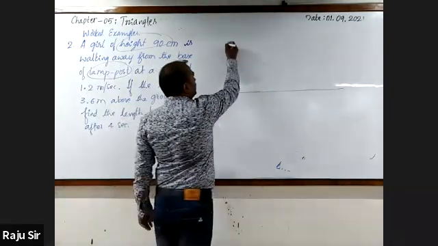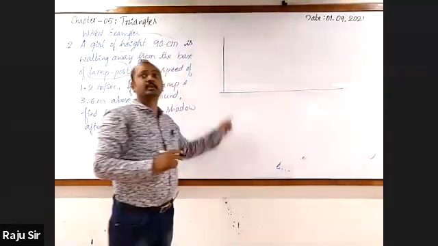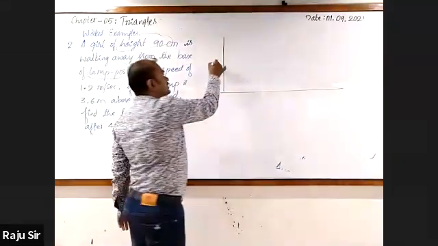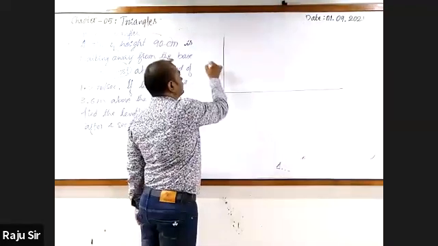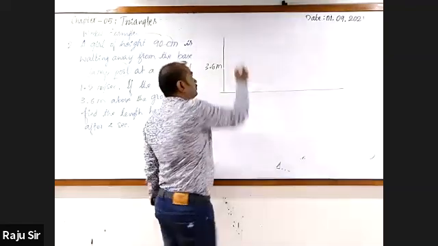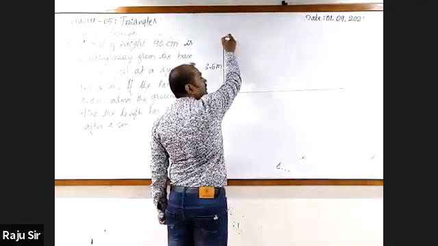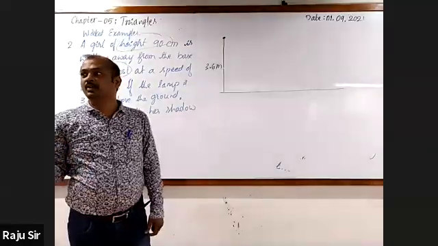Here, I draw a line which represents the lamp post. What is its height? 3.6 meter. And the lamp is at that height. You have seen a lamp post, yes or no?